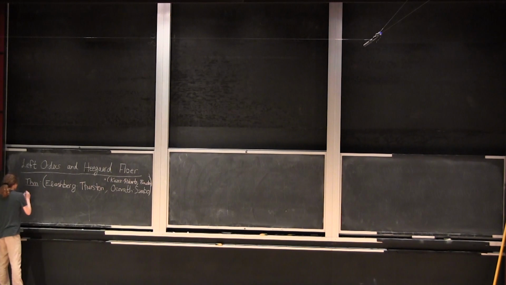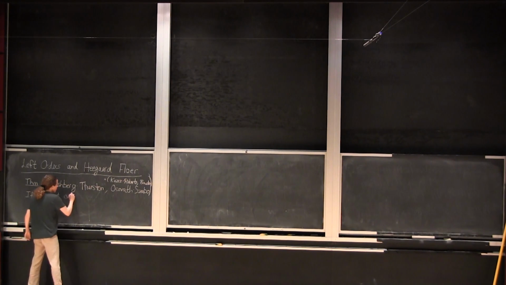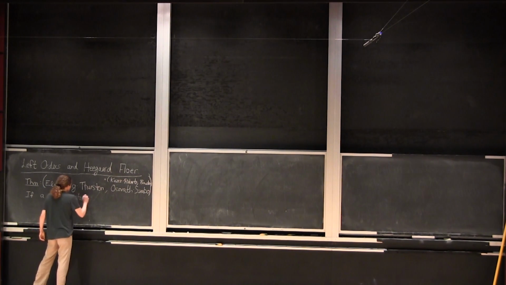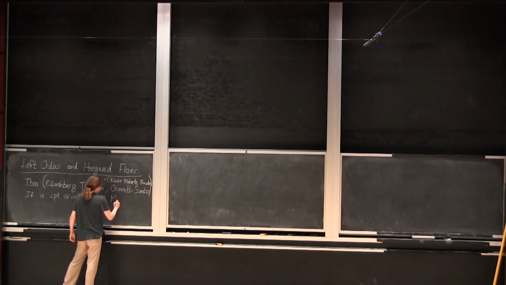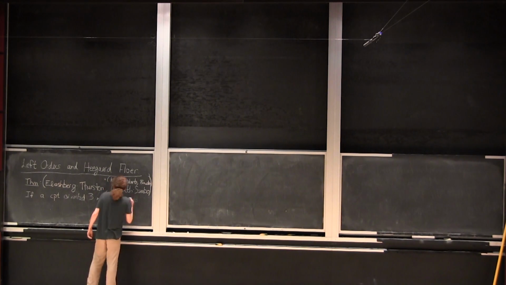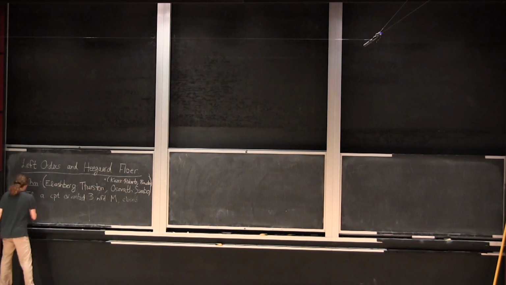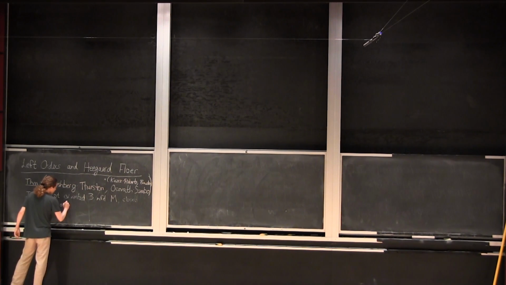That a compact oriented three-manifold M. Okay, might as well say closed. Admits a co-oriented taut foliation.